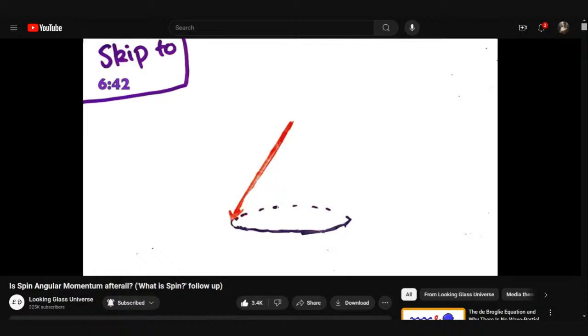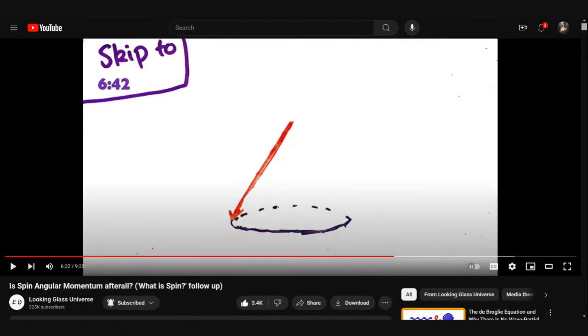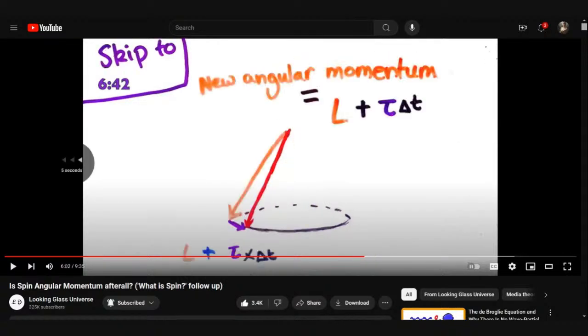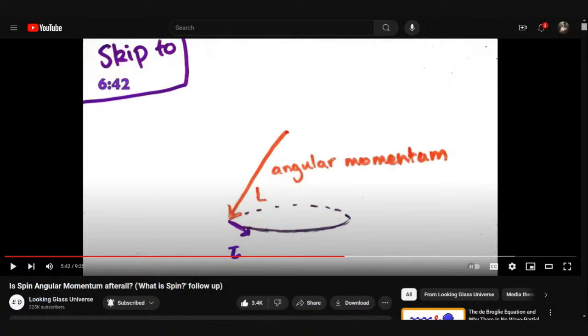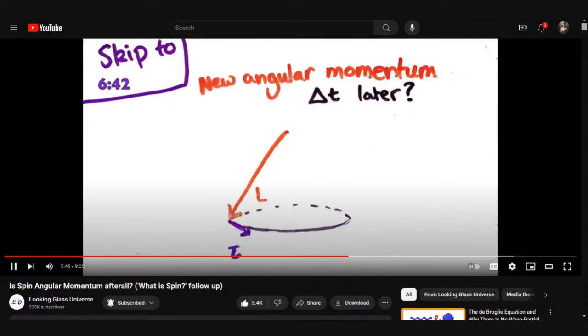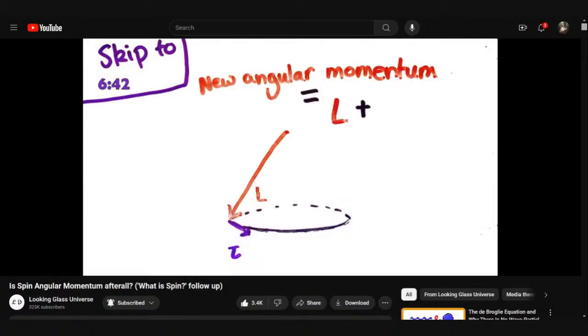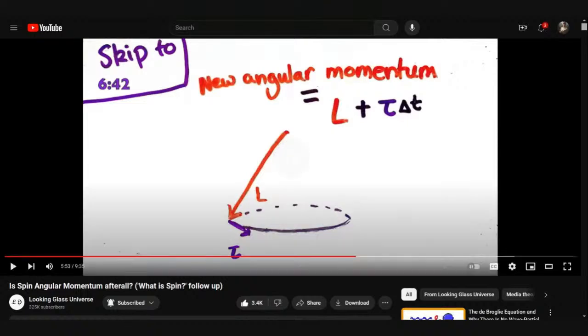This was so hard for me to wrap my head around because this torque. Okay. But you don't have to think about whatever she said. I don't see why she, in a very short time, later, delta t. So we use this equation from classical mechanics. The new angular momentum equals the old one plus the torque times delta t. Why don't you just say delta L? Why are you skipping steps?